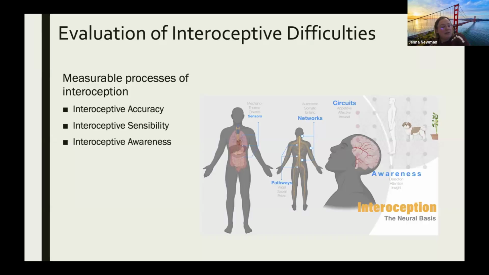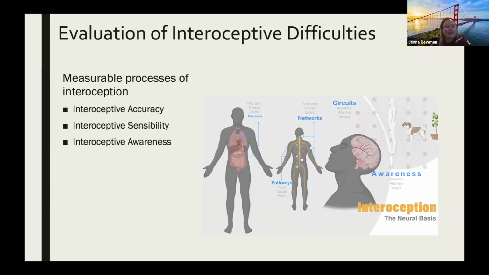An example of interoceptive accuracy is if your heart beats 60 times and you correctly report that your heart was beating 60 times in that time frame, that means you have a high interoceptive accuracy. This process is performance-based and it reflects the physiological signal detection. So it's the most objective out of all three.